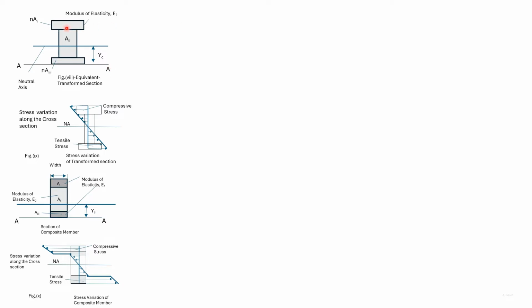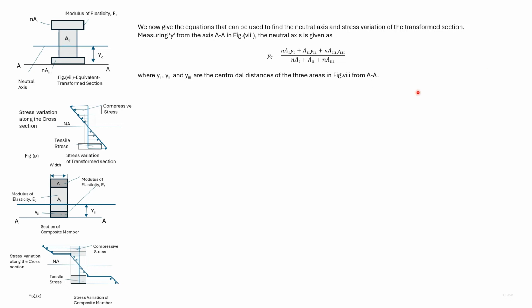Let Y1 be the distance of the centroid of this portion from AA, and Y2 and Y3 the distance of the centroid of these two portions from AA. Then YC is given by this formula. Here in the denominator, we have the total area of this transformed section.